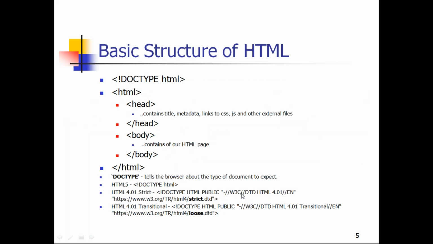W3 means World Wide Web Consortium. I'll explain this one. You can find a doctype representation with a URL like this, and this is HTML 4.01 of strict type. HTML4 has three kinds of versions: HTML 4.01 strict, 4.01 transitional, the loose type, and 4.01 frameset.